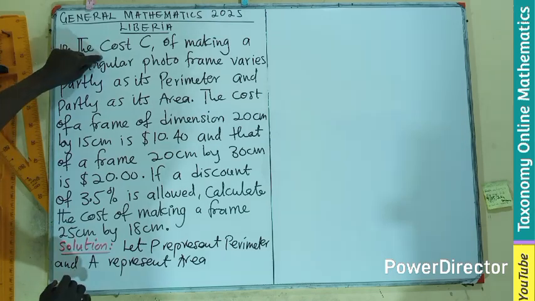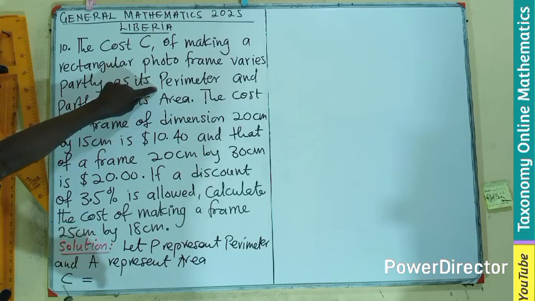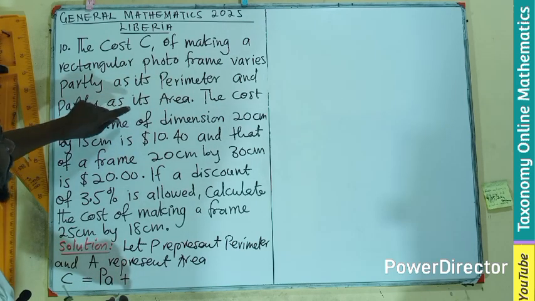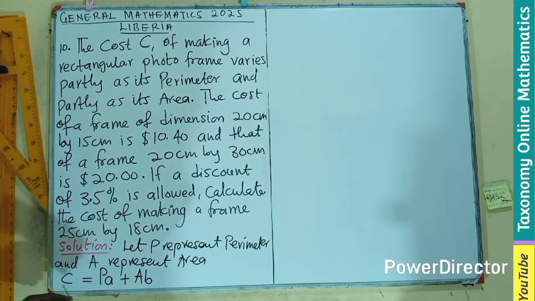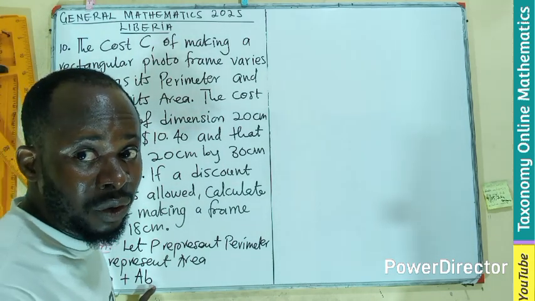Now C varies partly as the perimeter, so let's say we have perimeter varying partly with a constant, plus it varies partly as its area, and a constant, where the two are the constants of variation.